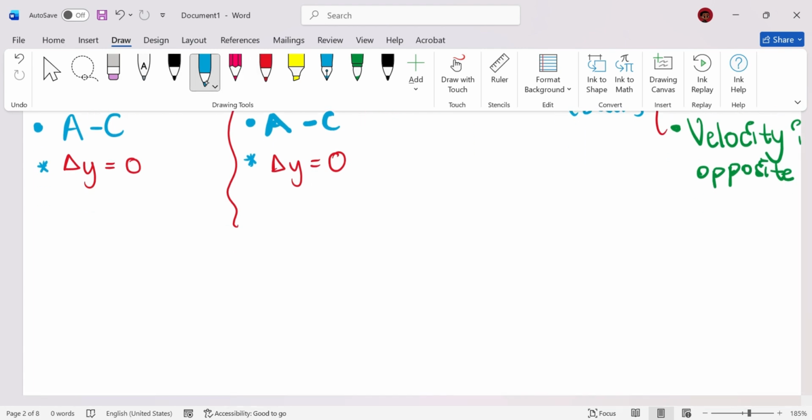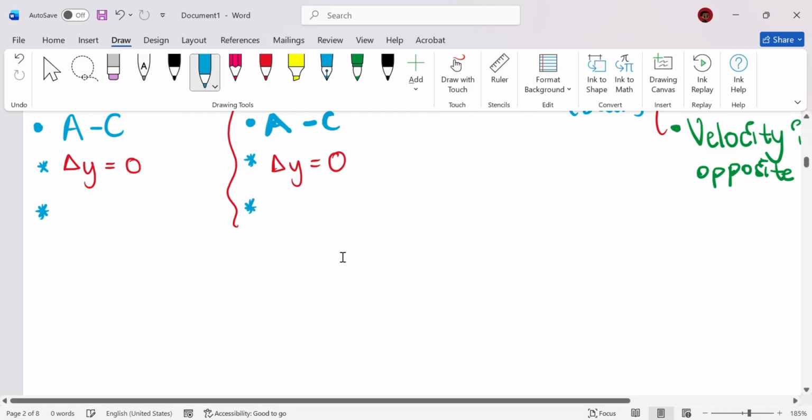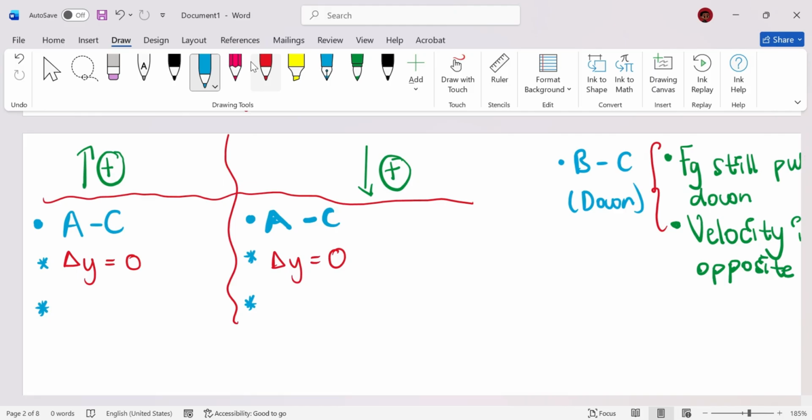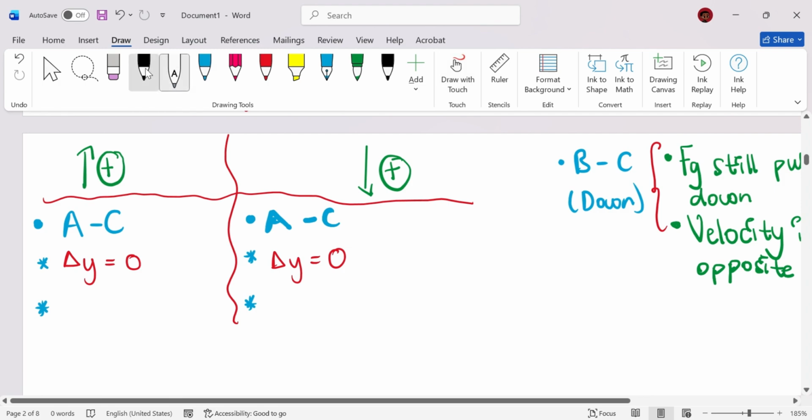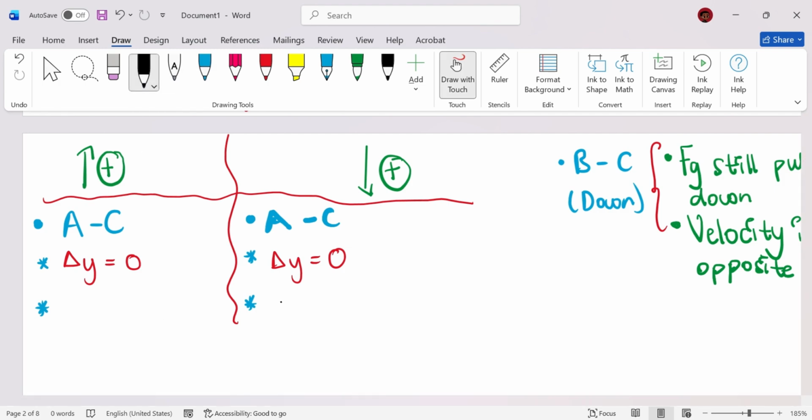And then I go on and I say, okay, so what happens next? The very important point I want you to understand is that if I choose upwards as positive, I need you to be very, very attentive with this one. Given that at point A my initial velocity was a certain number, right?